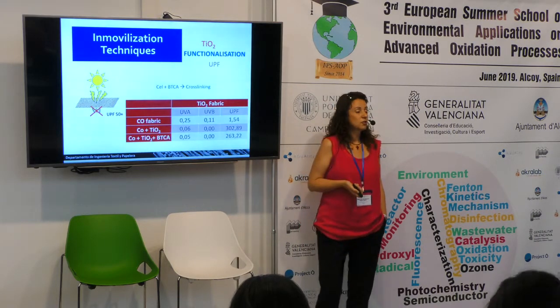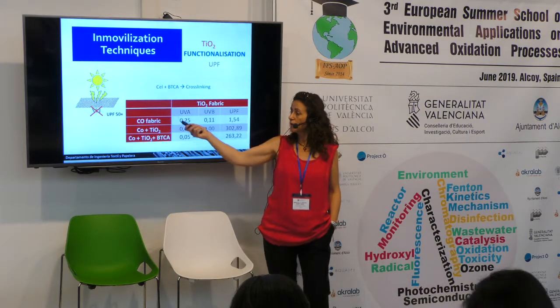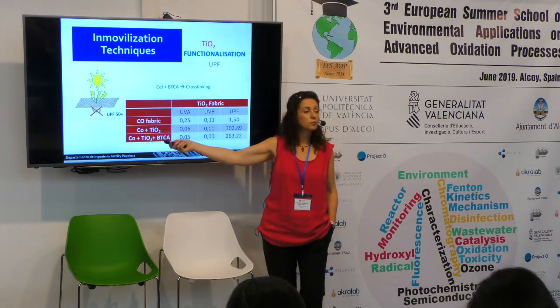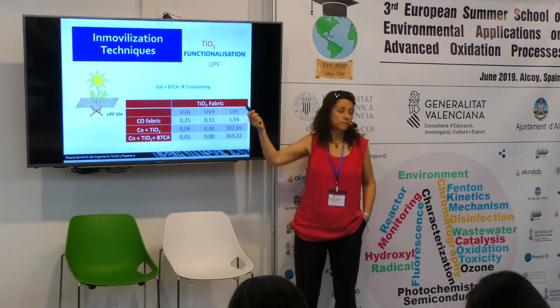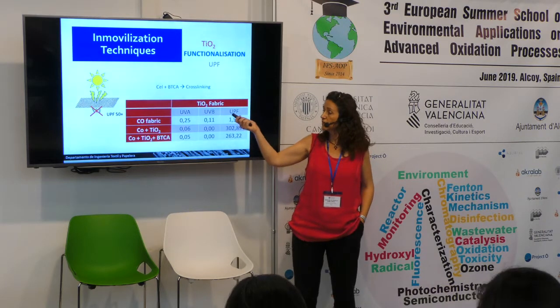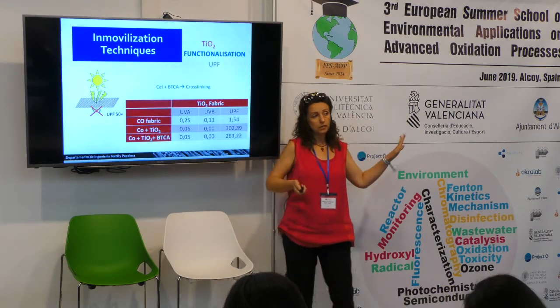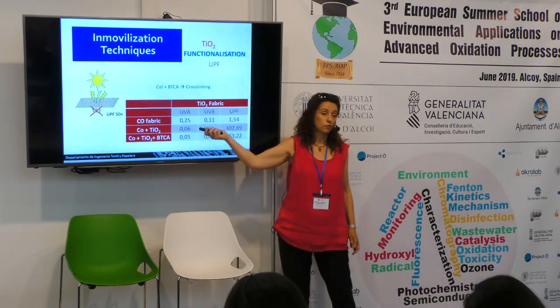For sun protection, here you've got an example. We've got a cotton fabric which was treated with titanium dioxide and with the polycarboxylic acid. And after the test, we could check that the ultraviolet protection factor, according to the international standard, was 1.54 for cotton fabric.